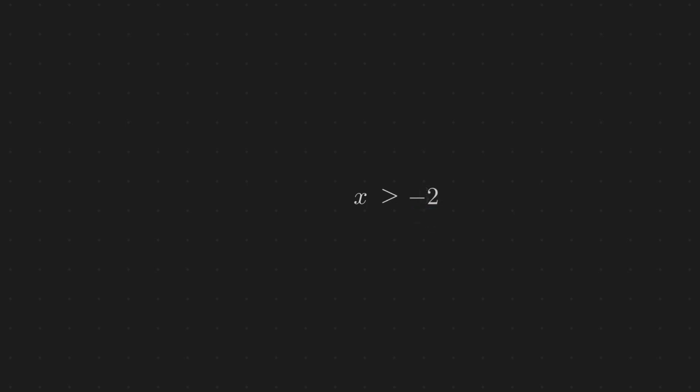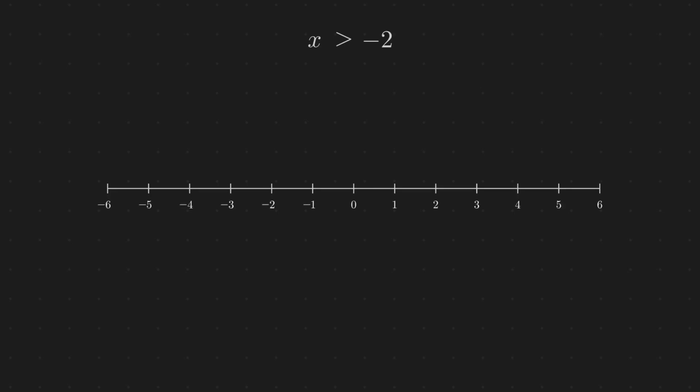This gives us x is greater than negative 2. To graph this, we draw an open circle at negative 2 because negative 2 is not included in the solution. We shade everything to the right because x is greater than negative 2. In interval notation, this is written as an open parenthesis, negative 2, infinity, with a closed parenthesis.